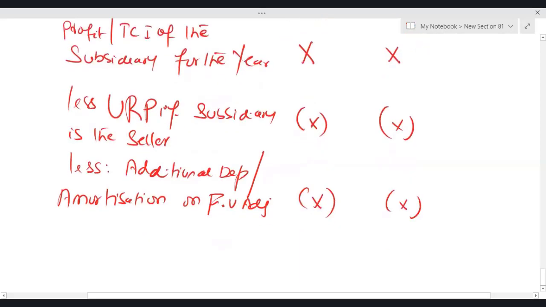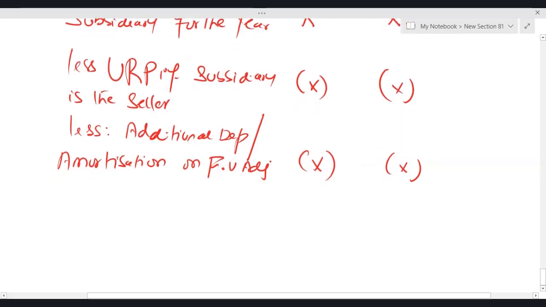Now listen carefully. If it is a full goodwill method, in that case, deduct goodwill impairment loss.